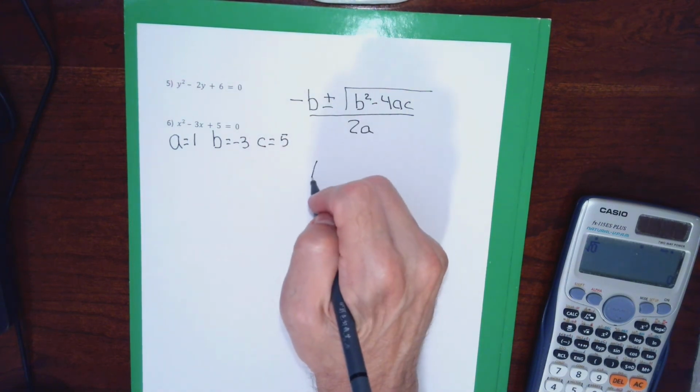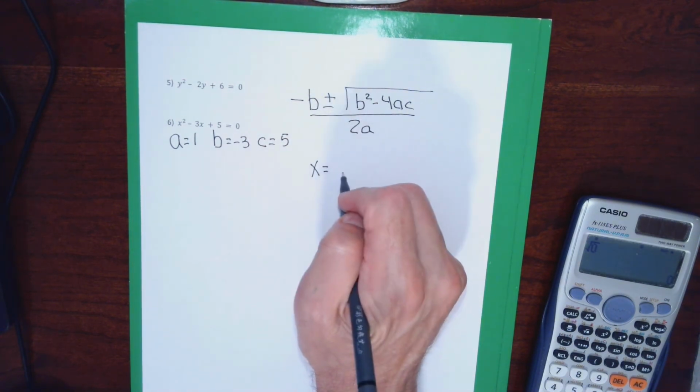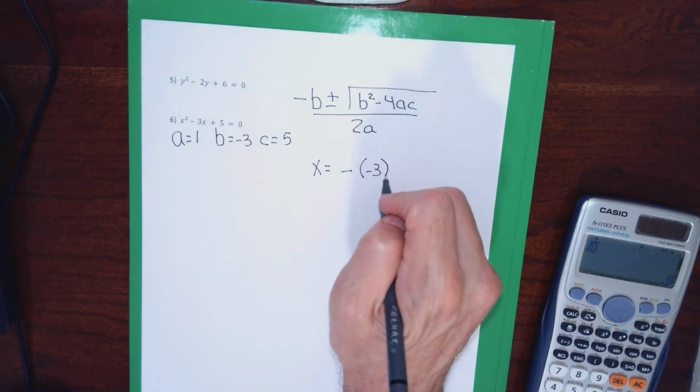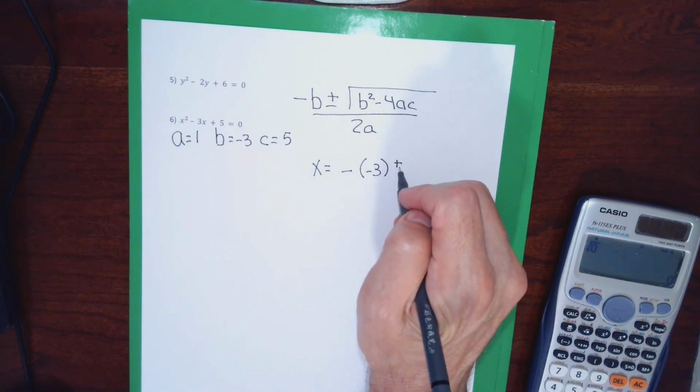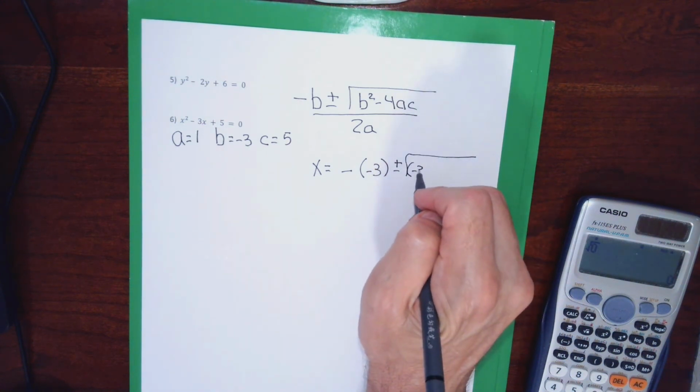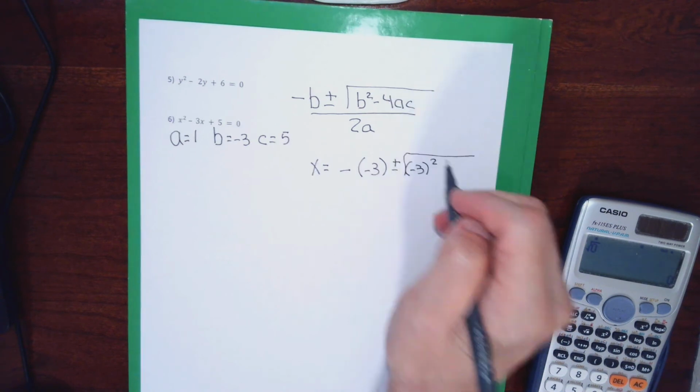So I'm going to write x equals negative from the formula. b is negative, so out in front of the radical I put it in parentheses. Under the radical I'm always going to put b in the parentheses just to be safe.